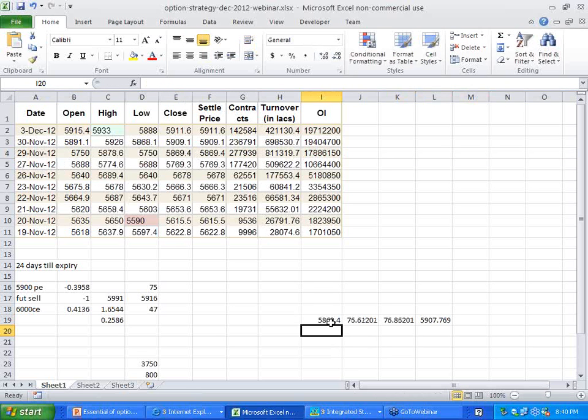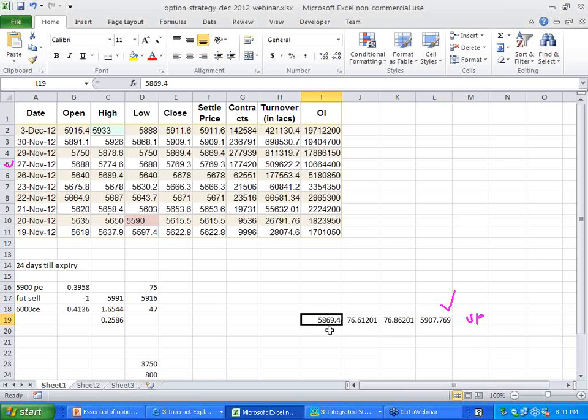This says if it closes on the 30th November above 5907.7, then I confirm this is an uptrend. Yes, it has closed above 5907. Or I can start the reading from the 27th, which will be better.